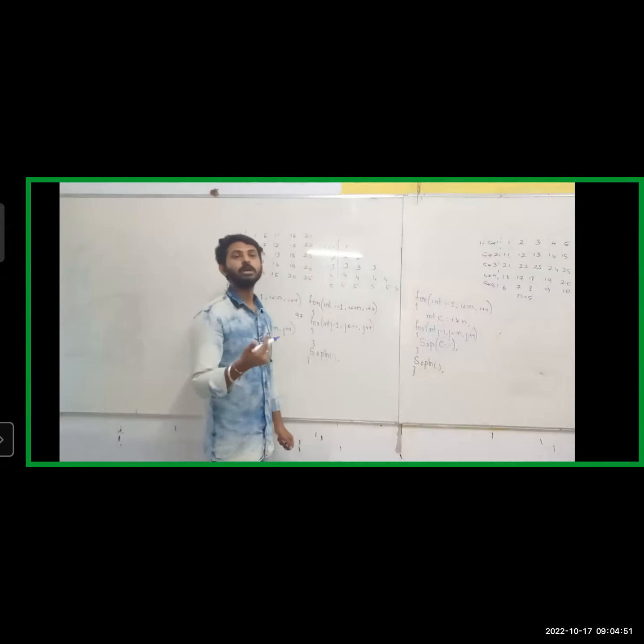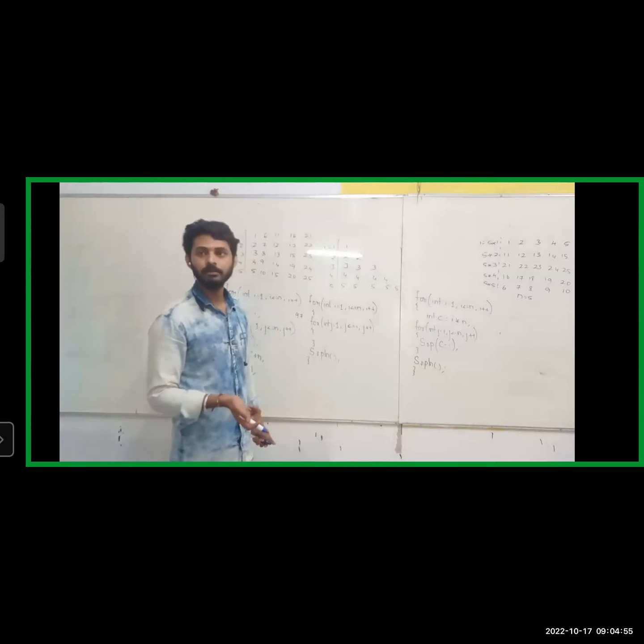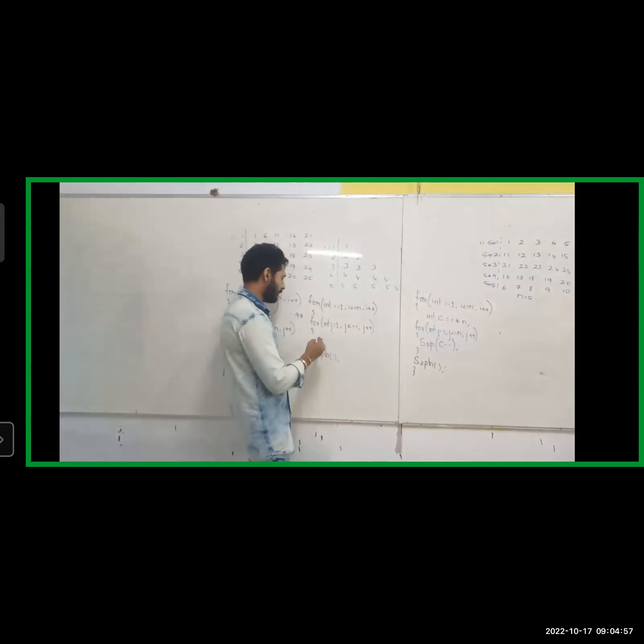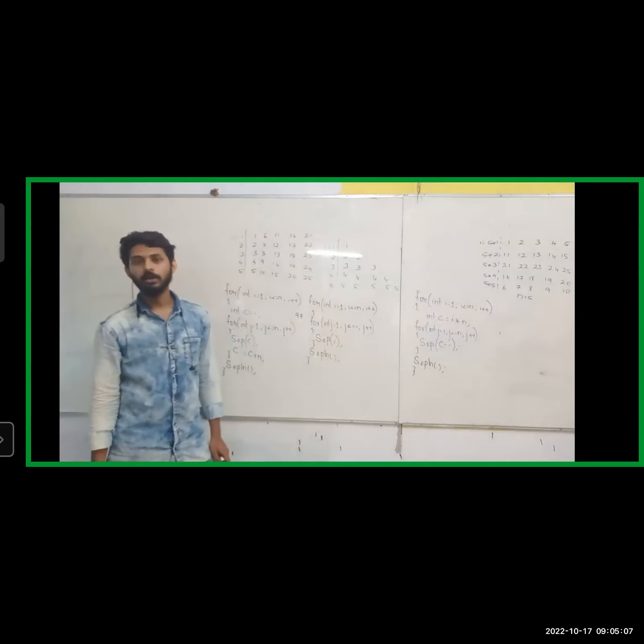In that space, what I should fill is my choice. Whatever I want, I'll fill. Getting my point? Okay. So now here, what should I fill according to this? Getting my point? Is that clear?